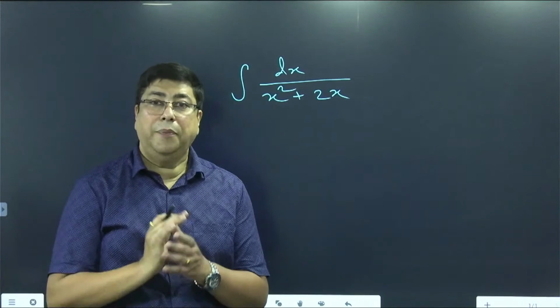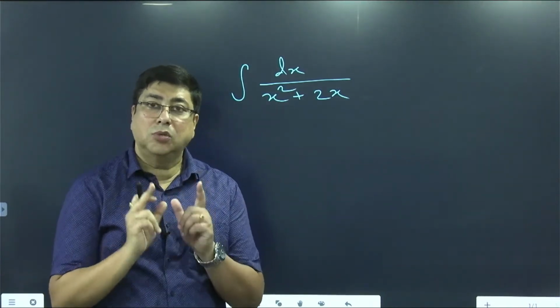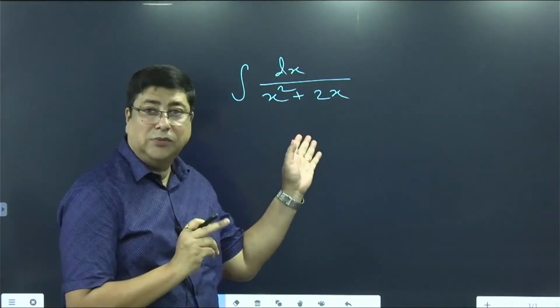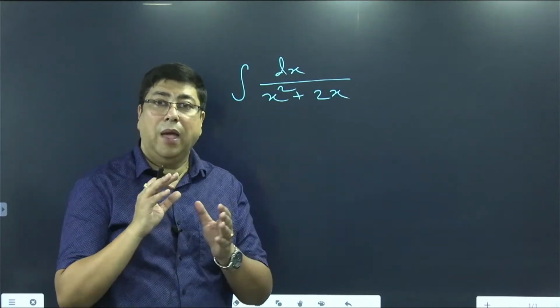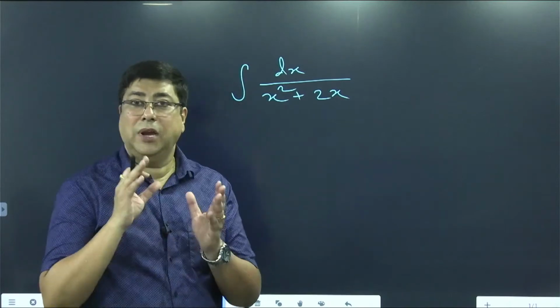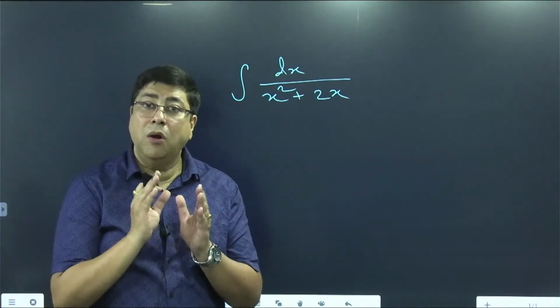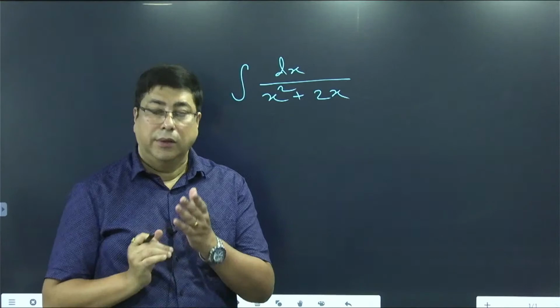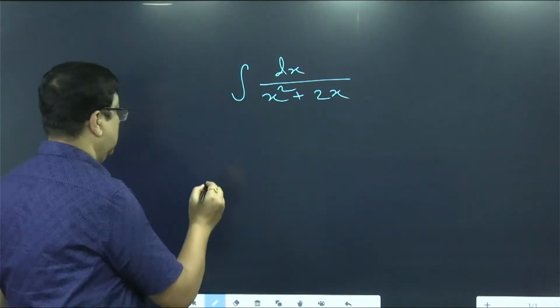First of all, we have to absorb all the x to make a whole square. In this type of cases, for the quadratic portion, we have to absorb all the x to make a whole square. Outside the whole square, there should be only constant. So let us apply.